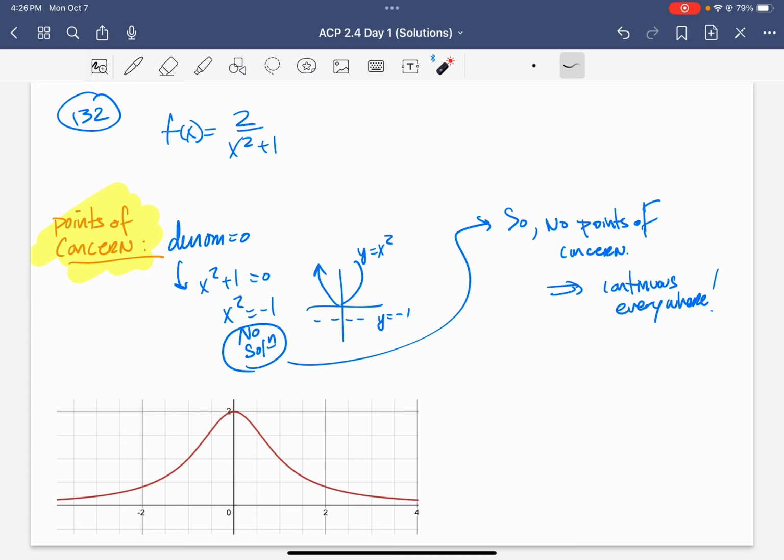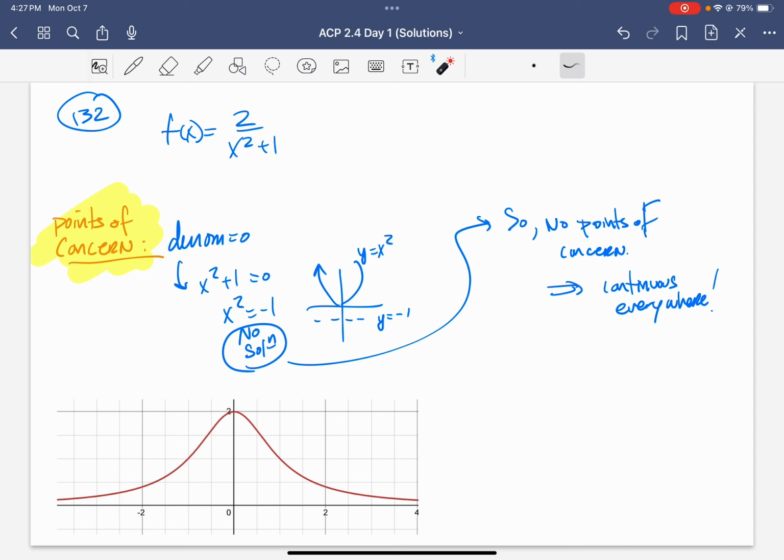So for number 132, the directions say determine the points at which the function is discontinuous and classify those points. Okay, so when we look at this thing, if you're going to say where is it discontinuous, first thing I'm going to say is what are my points of concern? So I'm worried where the denominator might equal 0.